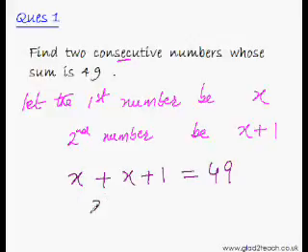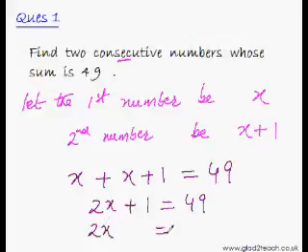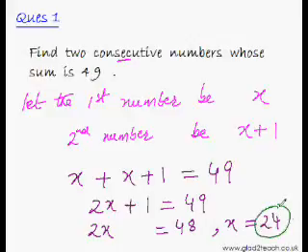This would be 2x plus 1 equal to 49, or 2x equal to 49 minus 1, that is 48, or x will be equal to 48 divided by 2, which is nothing but 24. So we have the answer, x equal to 24. That means one number is 24, and if one number is 24, then the other number would be 24 plus 1, that is 25. Question solved.